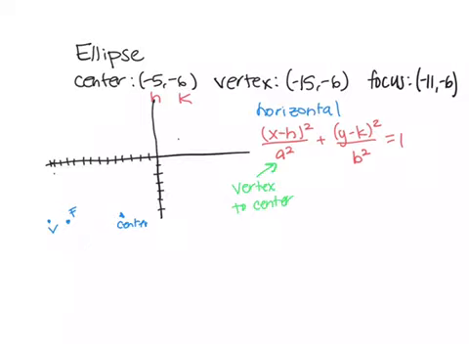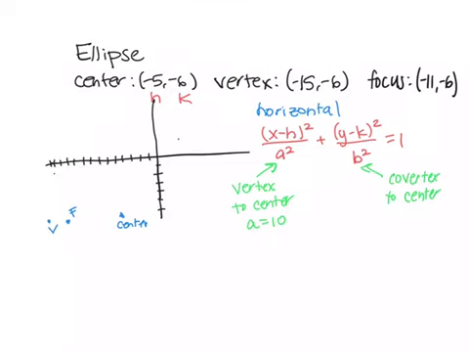So that means that in this case, from -5 to -15, that would mean that A is equal to 10. And then B is the distance from a co-vertex to the center. But you don't know where a co-vertex is. We don't have that. That's not given.